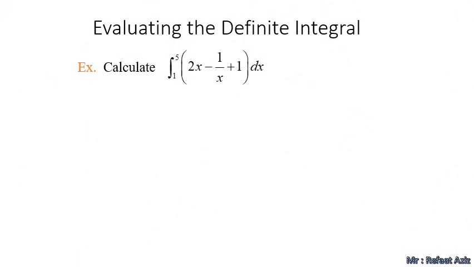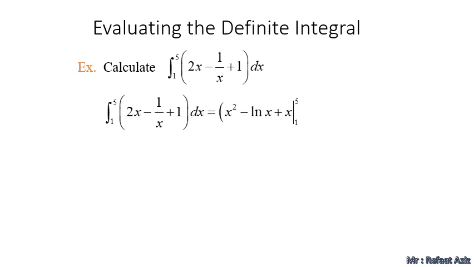Another thing, evaluating the definite integral. Calculate the integral from 1 to 5 of (2x minus 1 over x plus 1). First of all, the integral of 2x is 2x squared over 2, then 2 divided by 2, it will be x squared. 1 over x will be ln x. 1 is x.